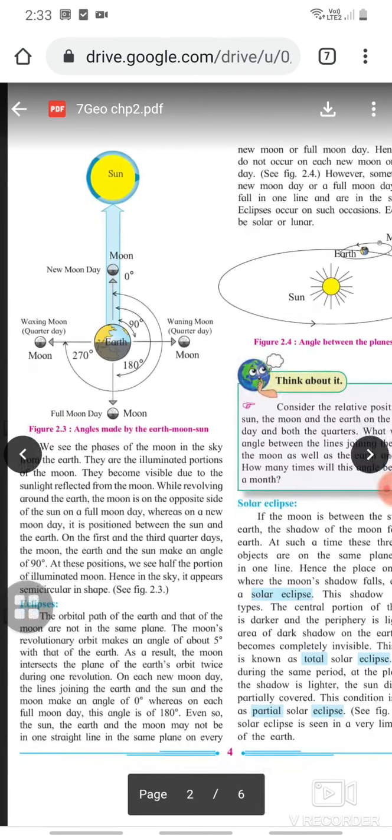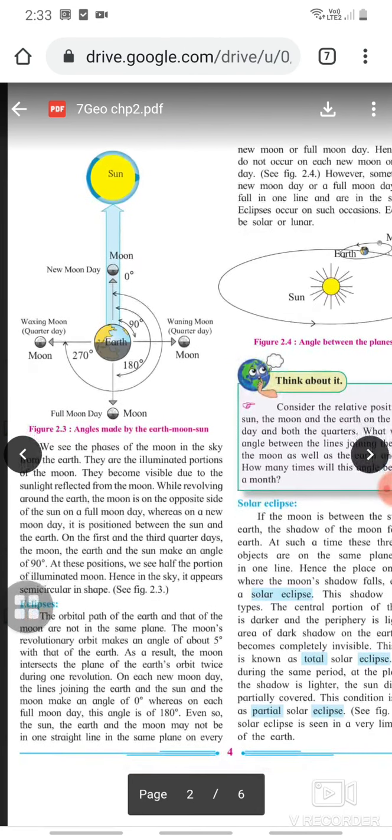On the first and third quarter days, the moon, the earth and the sun make an angle of 90 degrees. At these positions, we see half the portion of the illuminated moon. Hence, in the sky, it appears semicircular in shape.